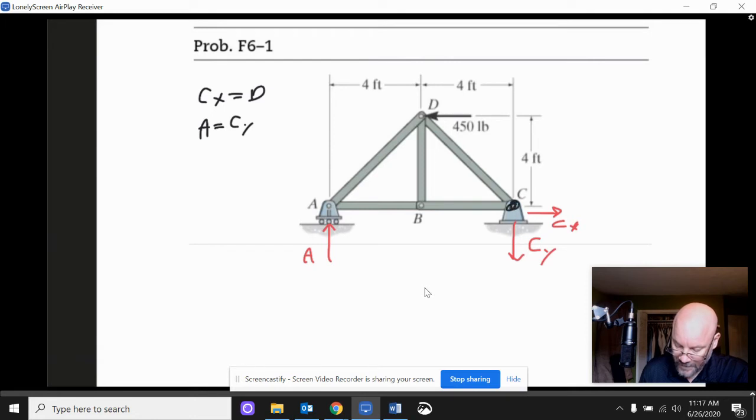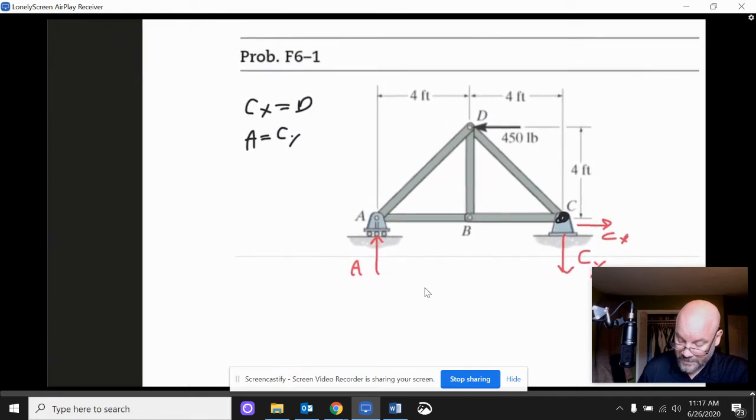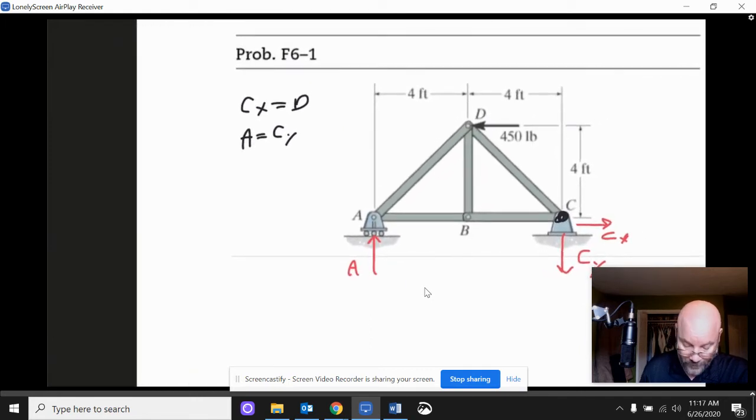Let's put a pivot here. And so then from my 450 up here, that's going to be a positive moment. So that's going to tell me I've got 4 times 450.